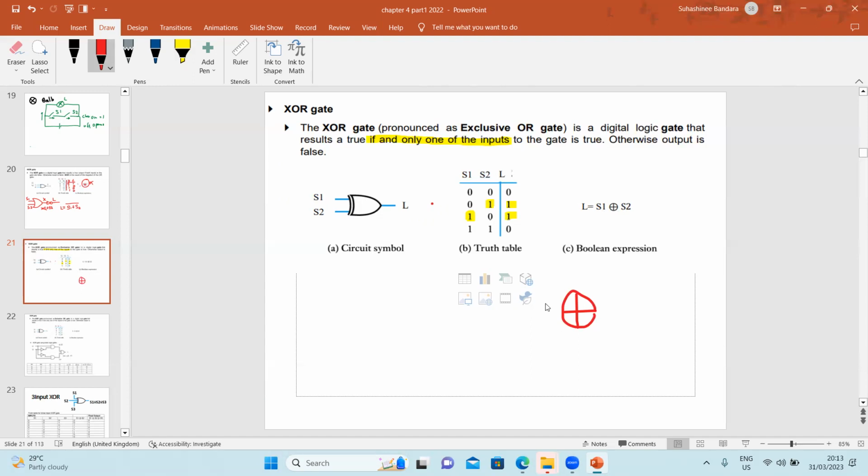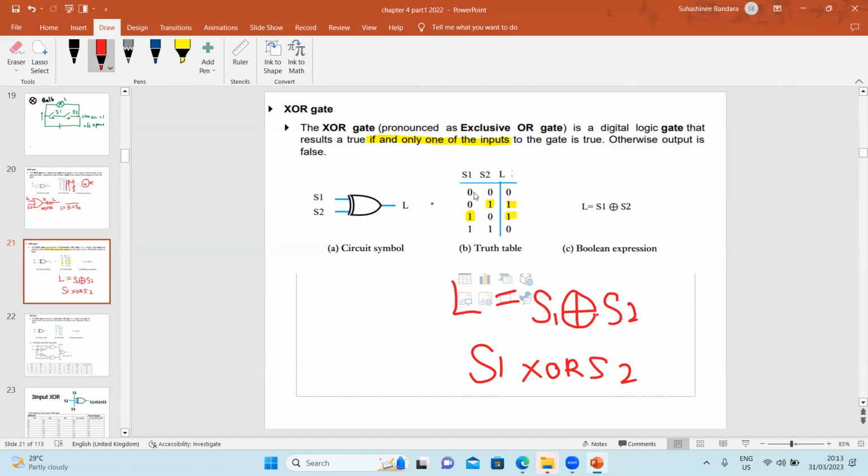If you have the S1 and S2 output, then we write S1 XOR S2. We pronounce it as S1 XOR S2. L equal S1 XOR S2. So the symbol we write like that.